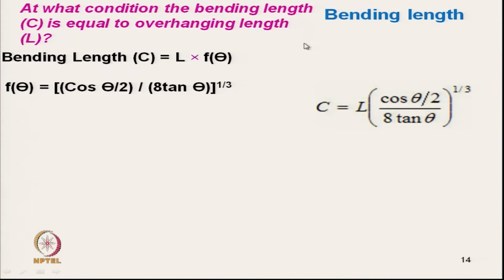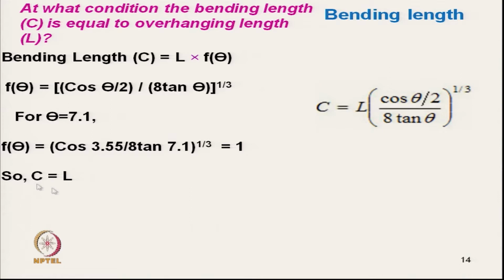The condition is simple: the function of theta, cos(theta/2) / (8 tan theta) to the power 1/3, should be 1, and then C equals L. For theta equal to 7.1 degree we get this value, so C equals L can be achieved at theta equal to 7.1 degree.